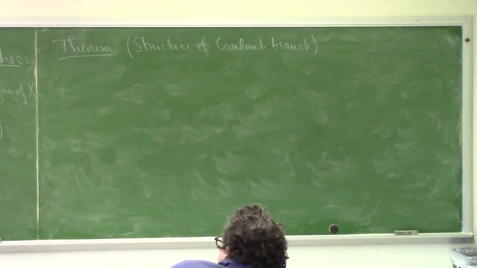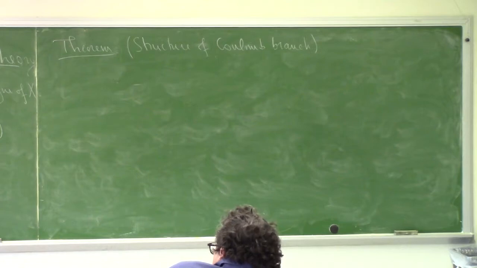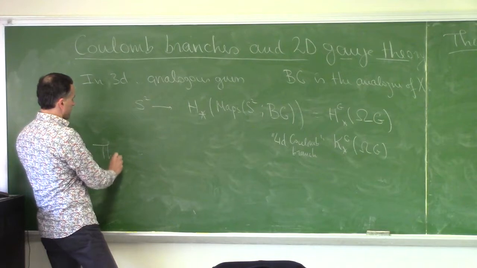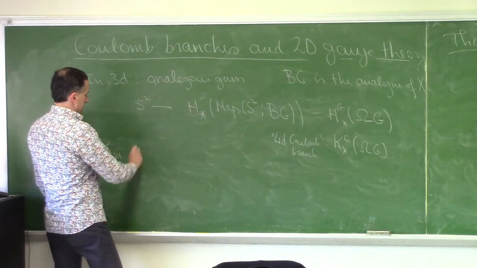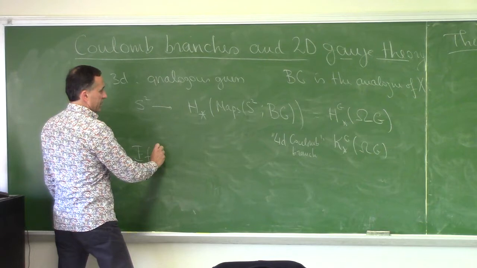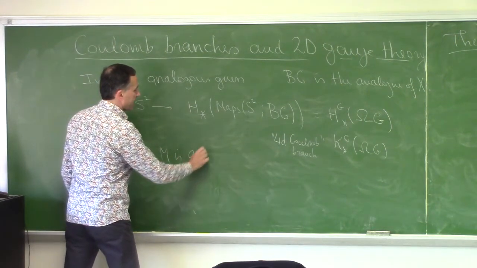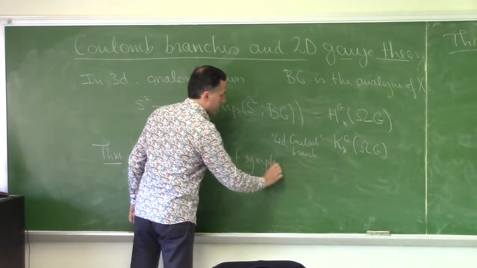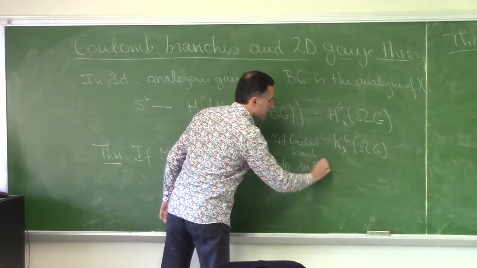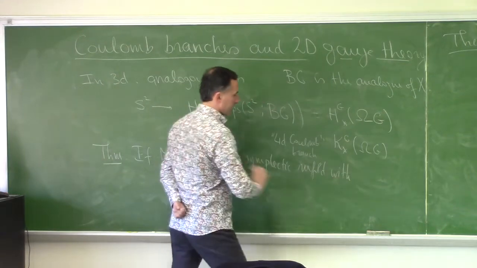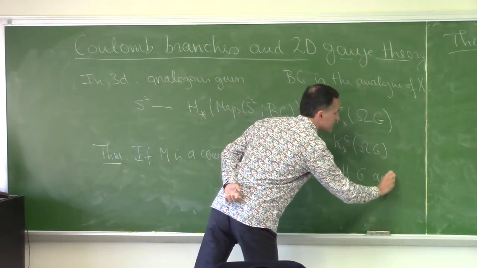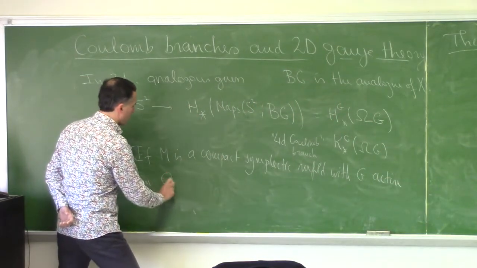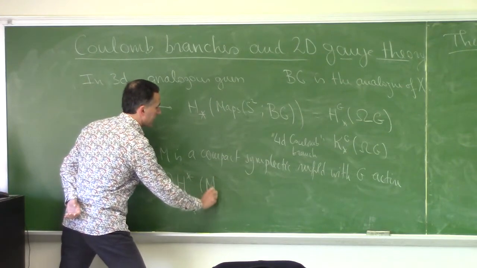Well, actually, let me state the weak form of the theorem first, so we know where we're going. And then I'll tell you a bit more structure, then I can improve the theorem. So, preliminary theorem. If M is a compact symplectic manifold with Hamiltonian G action, then the quantum cohomology of M, I will not define what that is.